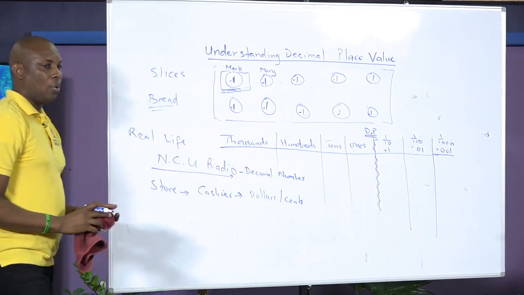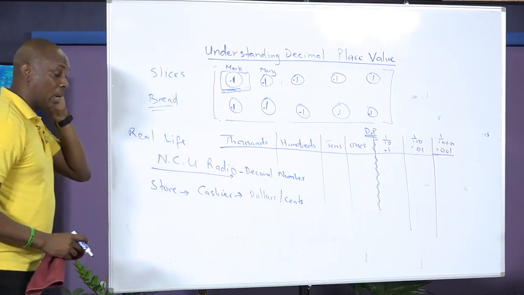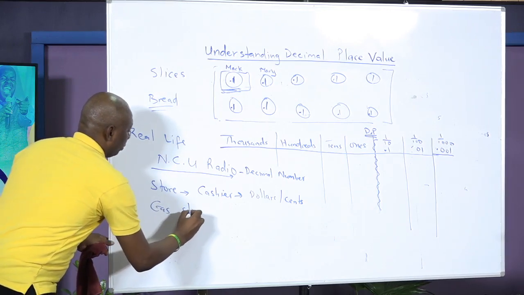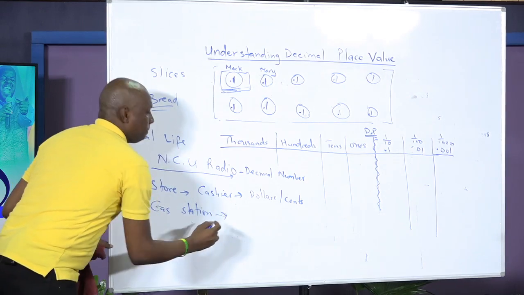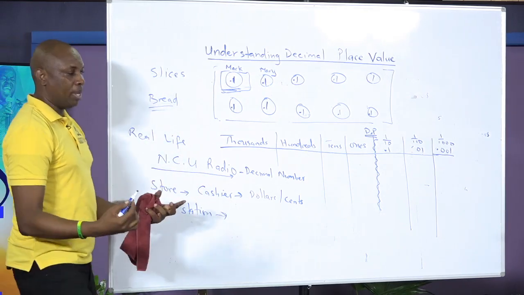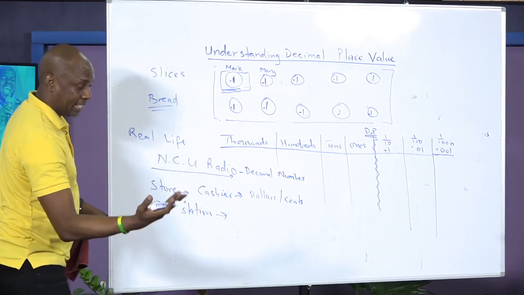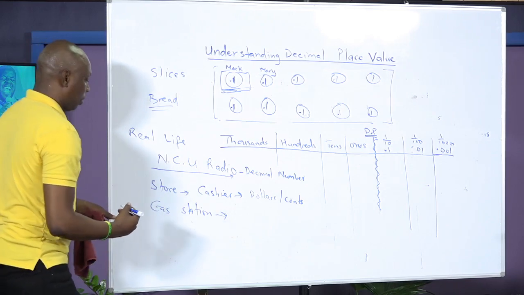They also use a decimal divide using the point. Has anyone been to the gas station? When you're purchasing gas, you're going to see them using a decimal number. So these are decimal numbers in real life that you use.